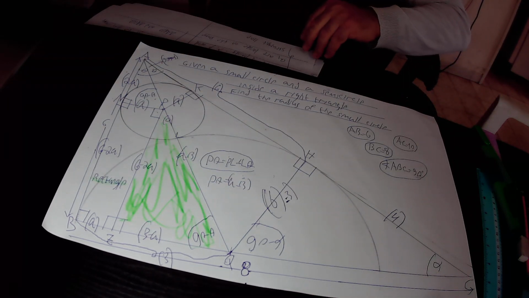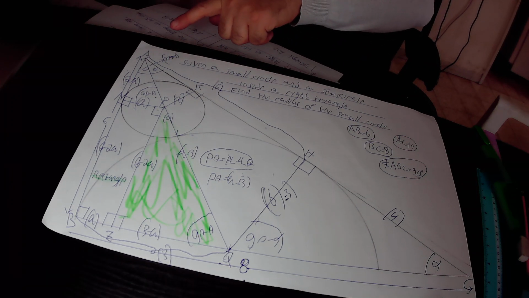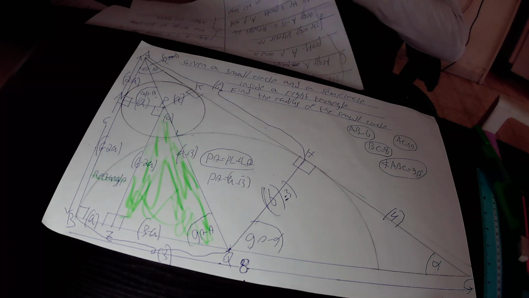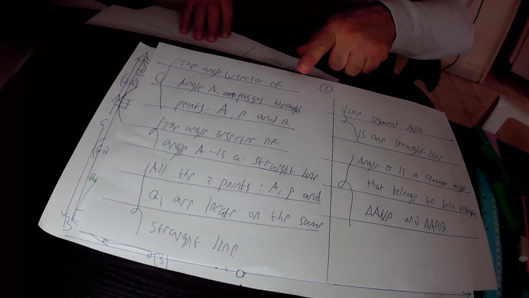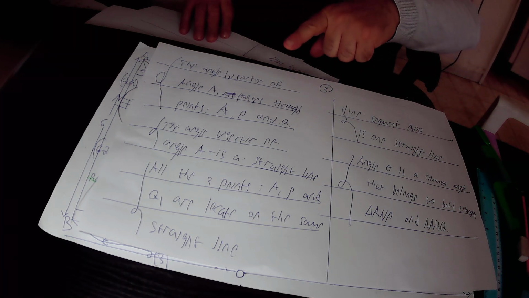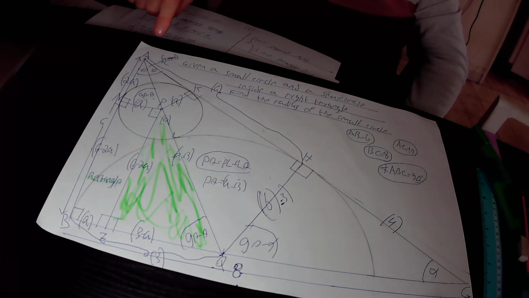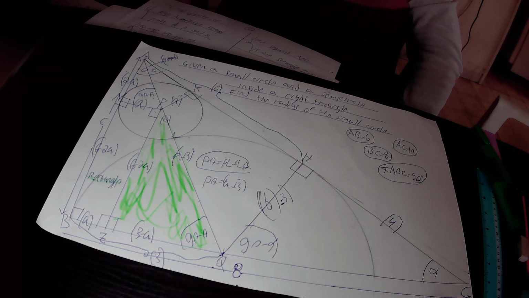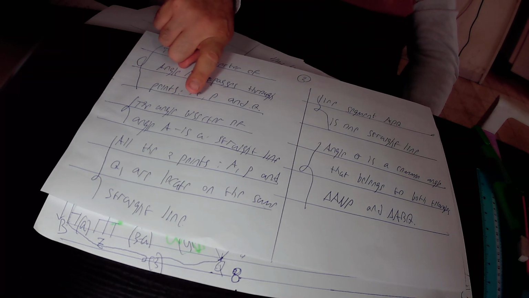From that, we found that the angle bisector of angle A passes through points A, P, and Q. But the angle bisector of any angle is a straight line, so the angle bisector of angle A is a straight line.